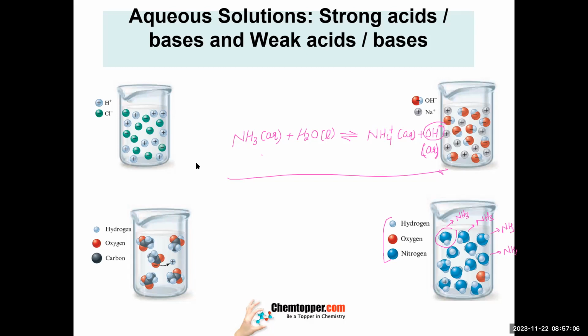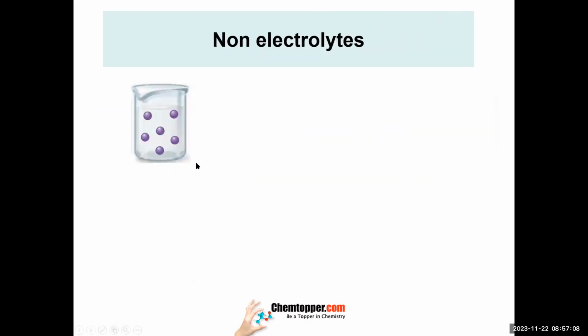Okay. Now I'm taking you to the next, the last of these, electrolytes, non-electrolytes. Now the last is non-electrolytes. I already explained to you. Do you think non-electrolytes can conduct electricity? No. So non-electrolytes are covalent molecules.